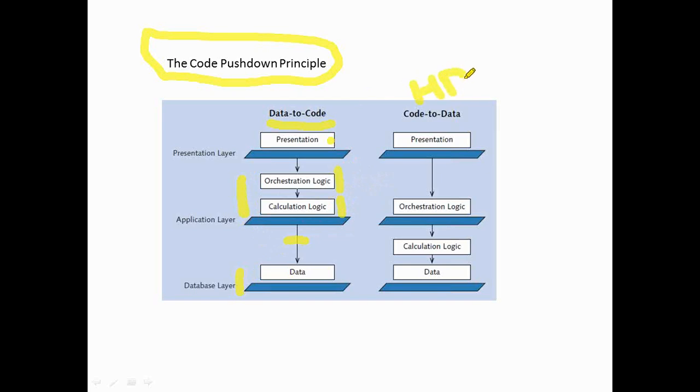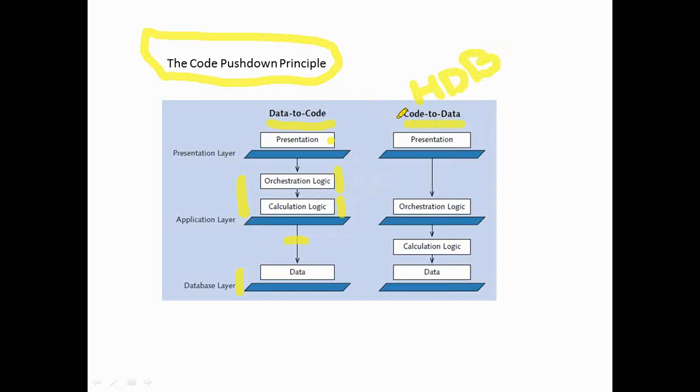When it comes to the SAP HANA database, which most people call HDB, it follows something called code to data. Our non-SAP HANA database uses data to code, and the HANA database uses code to data.